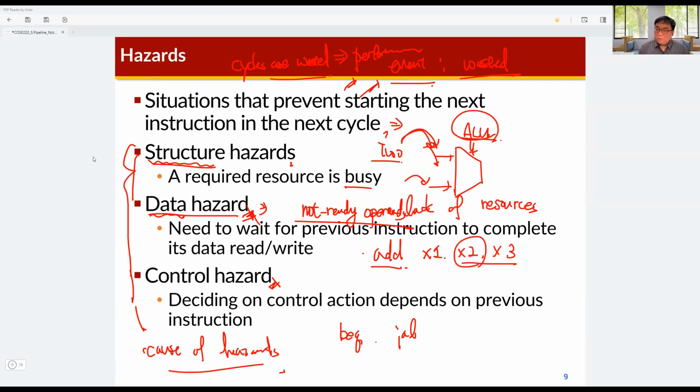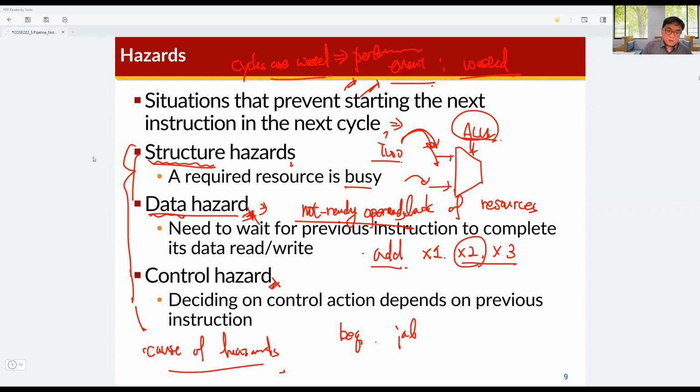Why do we need to avoid hazards? To improve the performance of processors. If a hazard happens, clock cycles are wasted, so the performance is degraded because the execution cycles are increased.